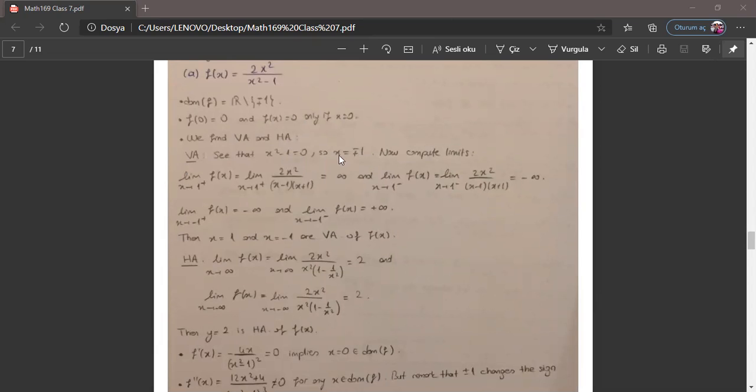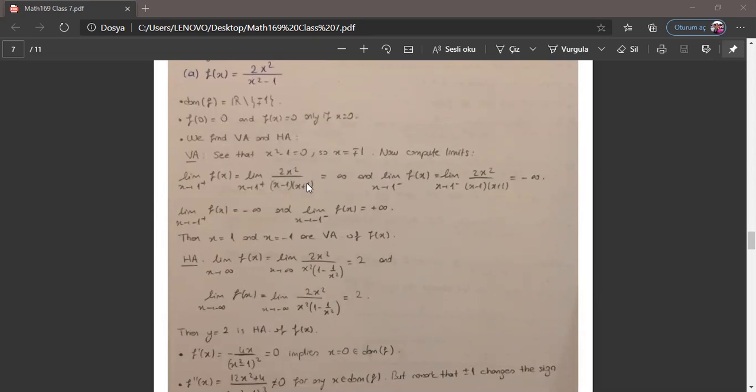Okay, now we compute the limits. Here we have the limit of the function when x is approaching 1 from right. We rewrite the denominator in this form, and we see if we're approaching 1 from right, we get plus infinity, right? We have something bigger than 1 here, so it will be positive.